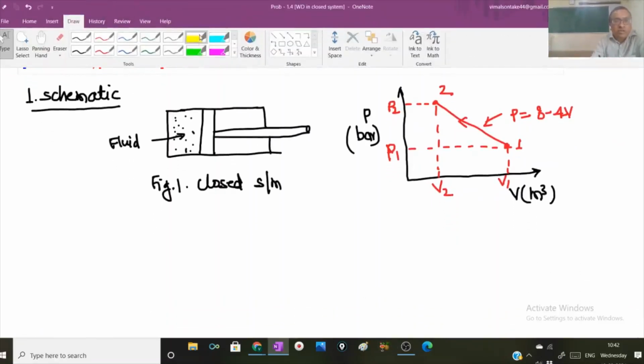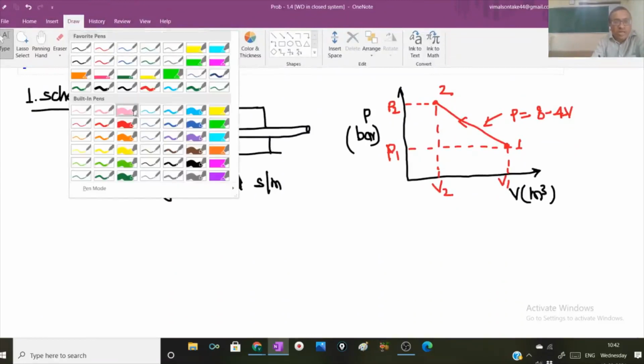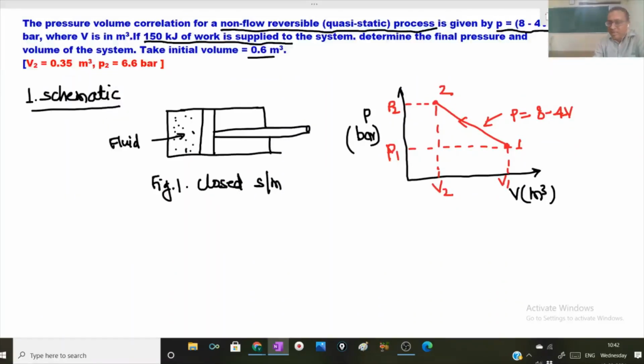So this way I could draw the diagram of the system from the information I have related to the non-flow process, and I can represent this process on the PV plot.